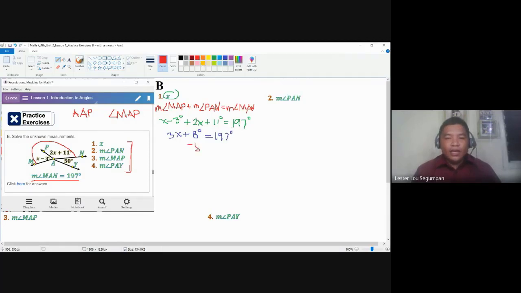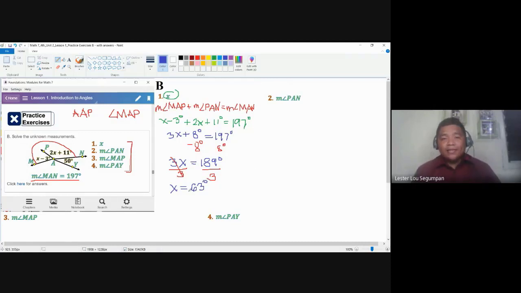Then subtract 8 from both sides. And then you will have 3x is equal to 197 minus 8, which is 189 degrees. Divide both sides by 3 to cancel that out. We have the value for x, which is equal to 189 degrees divided by 3, which is 63 degrees.